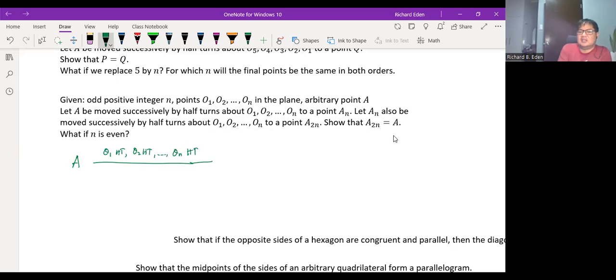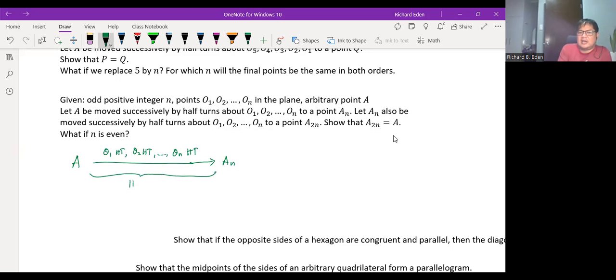What did you say the net result was when you do this odd number of half turns? When you do an odd number of half turns, what's the result? A half turn.